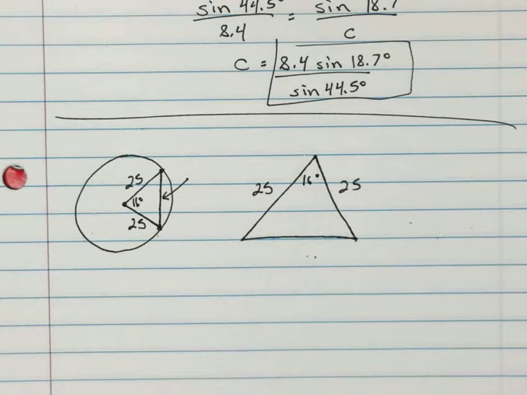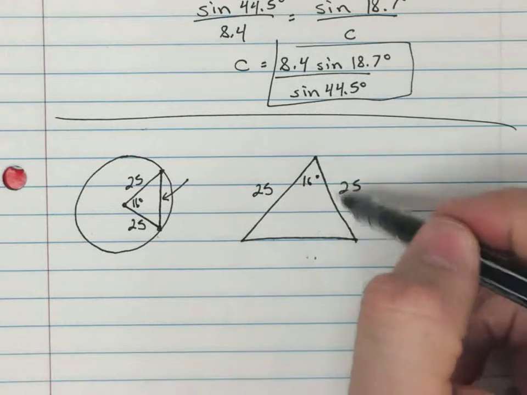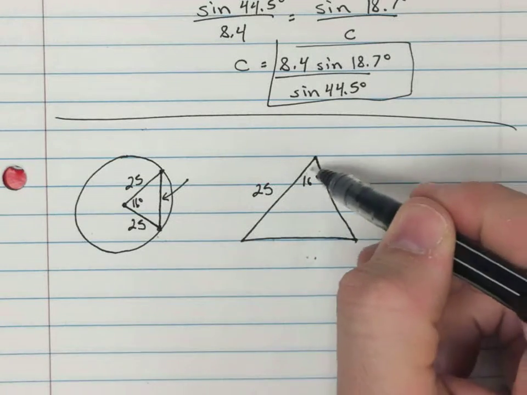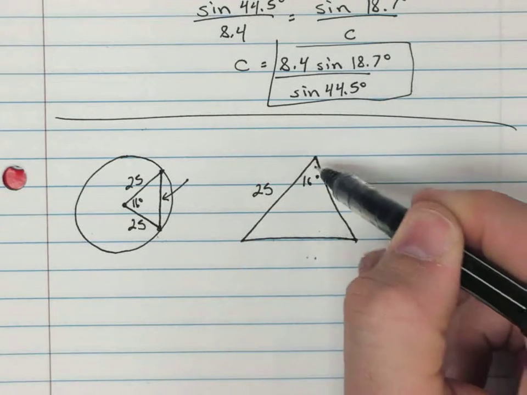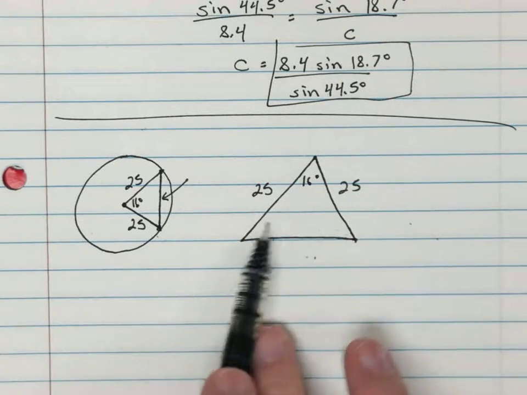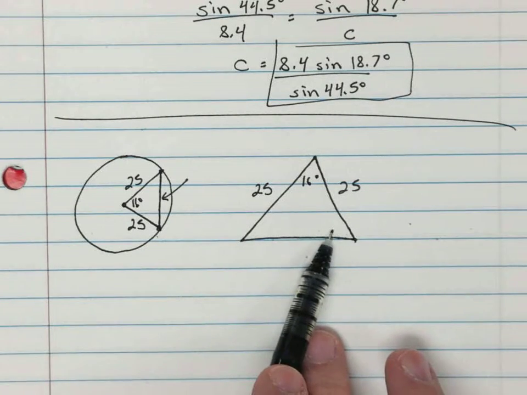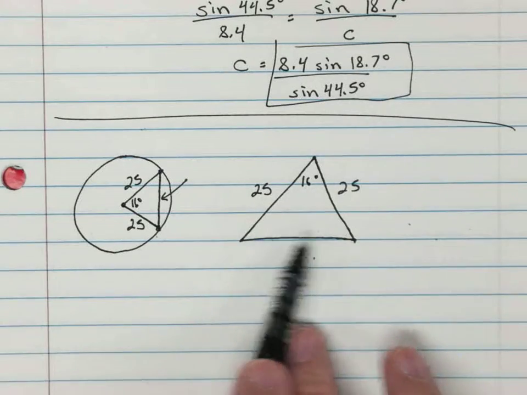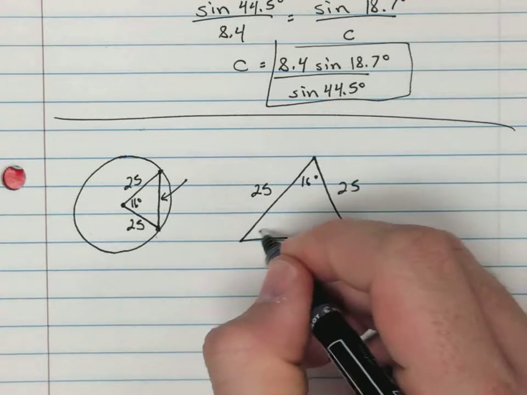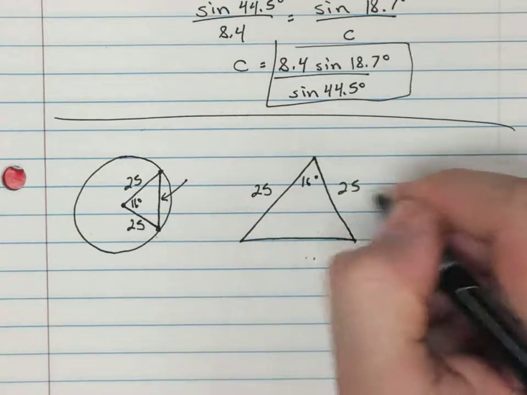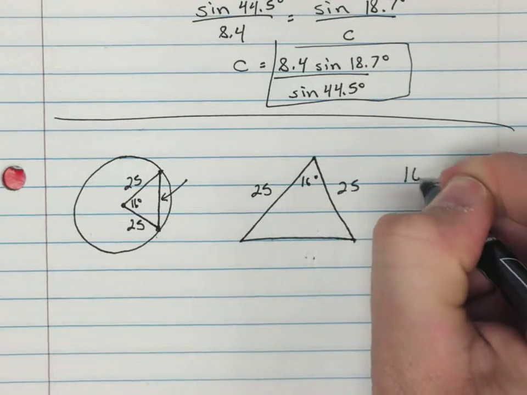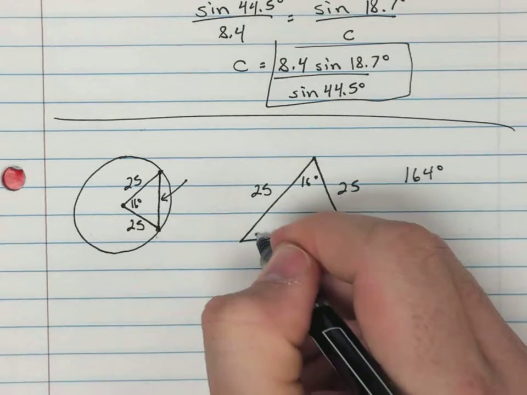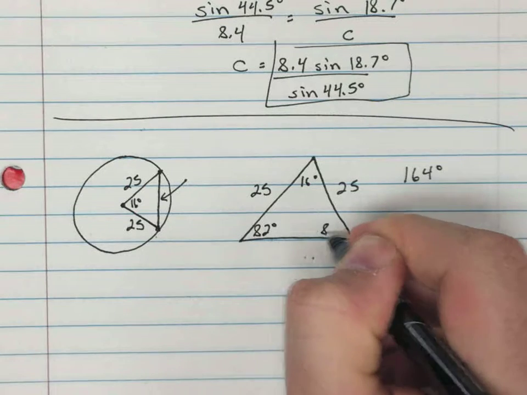This is an isosceles triangle, and anytime you have an isosceles triangle, if the sides are the same, the angles are the same. So if this is 16 degrees and the 3 have to add up to 180, that means that these 2 have to add up to 180 minus 16, which is 164, which means it's 82 degrees apiece.